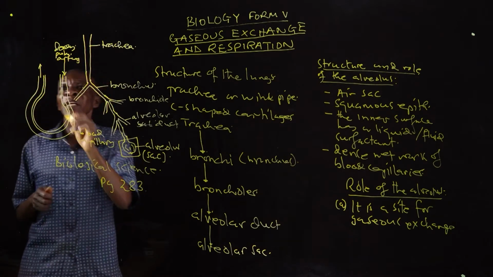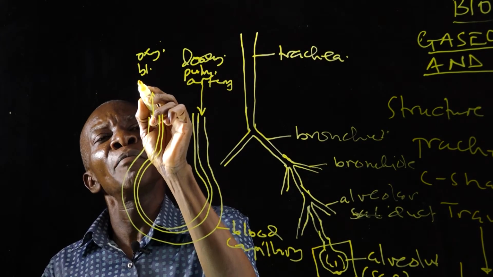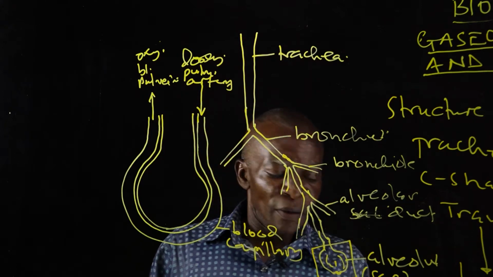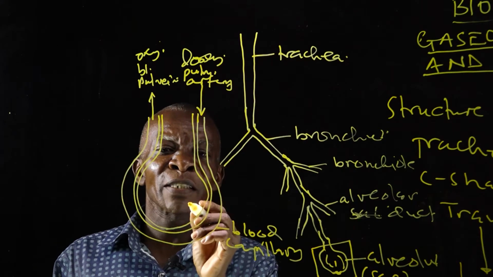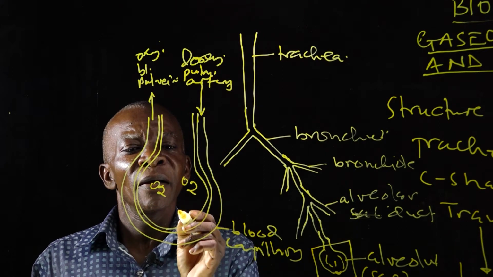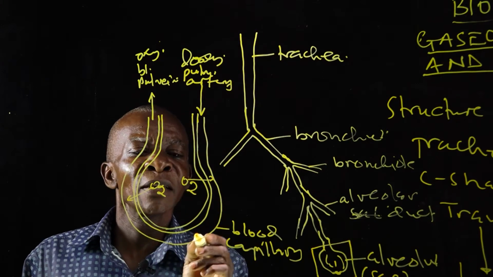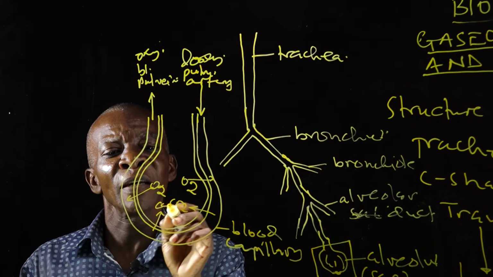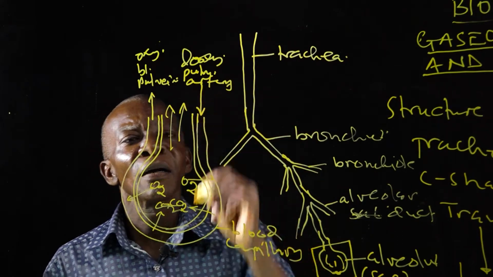And here we have oxygenated blood taken by the pulmonary vein. And therefore, from the alveolar sac, we have oxygen. This oxygen is diffusing into the blood, but again from the blood, we have carbon dioxide coming in. And this carbon dioxide will be pumped outside.